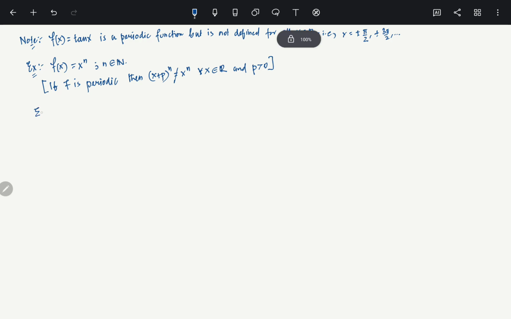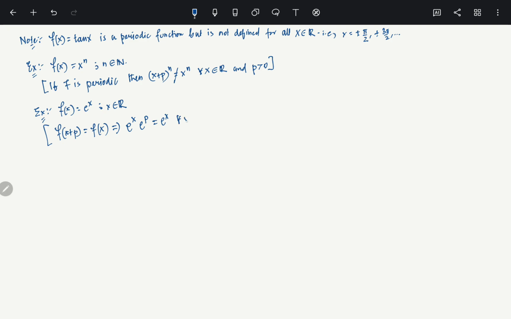And of course, another very important fundamental function is exponential of x, where x is in R. Let's say it is periodic of period p, right? In this case, f of x plus p has to be equal to f of x. This implies that e power x plus p, which is e power x times e power p, equals e power x.